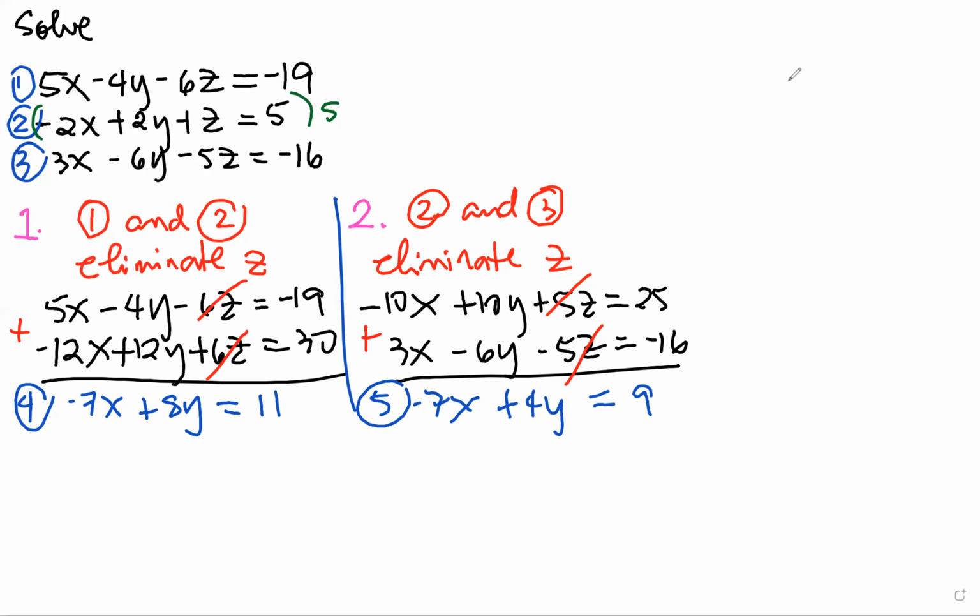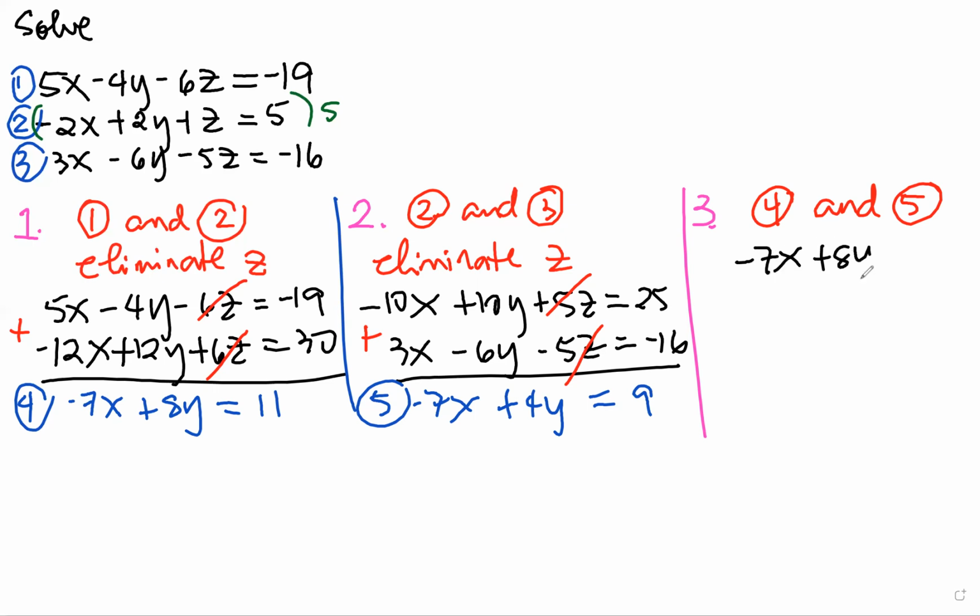The third step is combining the fourth and the fifth. So I'm going to write the fourth equation here, negative 7x plus 8y equals 11.